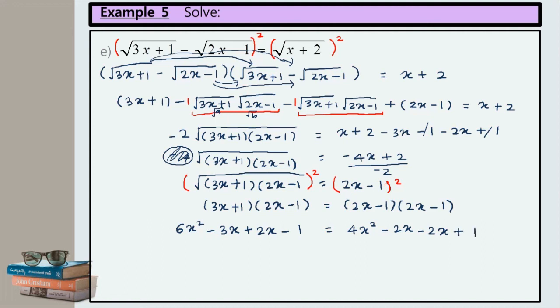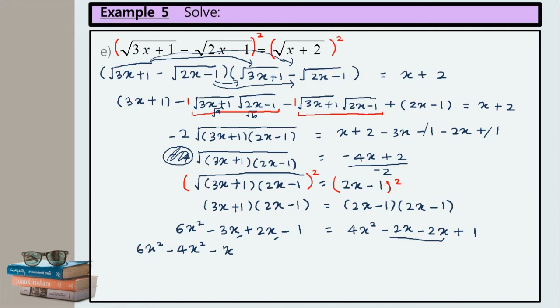Okay, now we have quadratic equation. Again, we need to rearrange. So, we have 6x squared minus 4x squared, minus negative 3x plus 2x, negative x, negative 2x minus 2x, negative 4x.